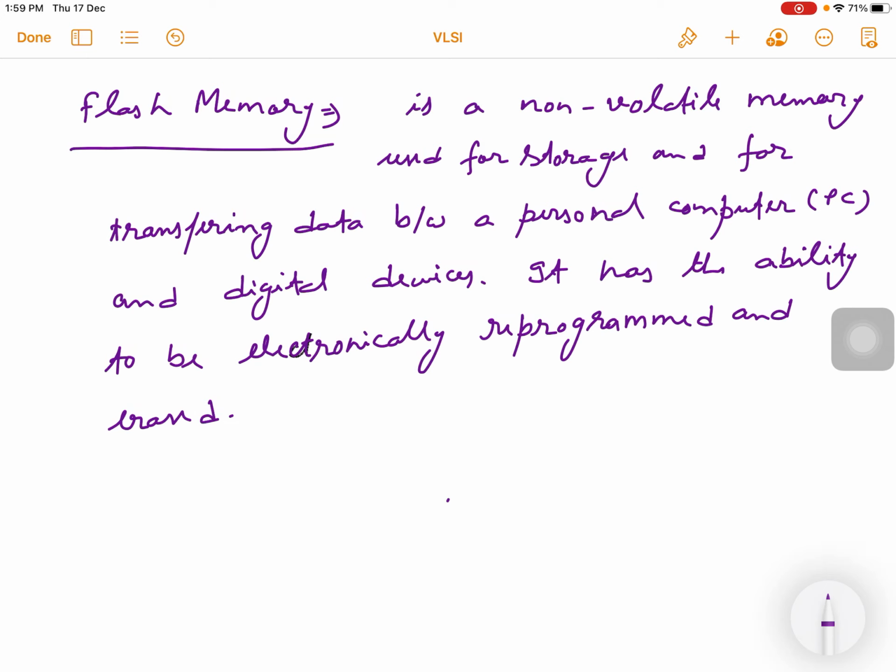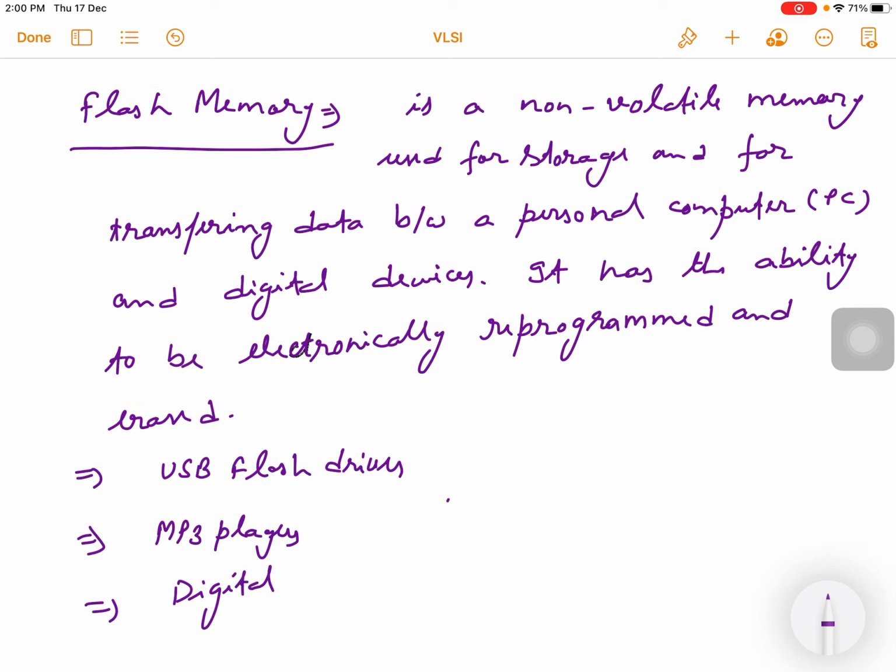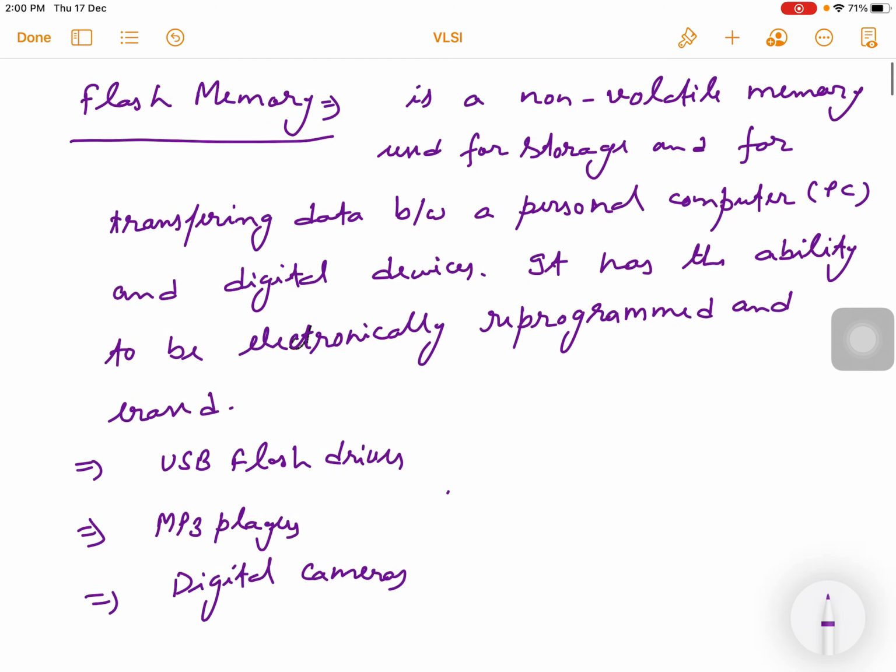If I talk about where you find this flash memory, you can find it in USB flash drives. You can also find it in MP3 players, also in digital cameras, and also in solid state drives.